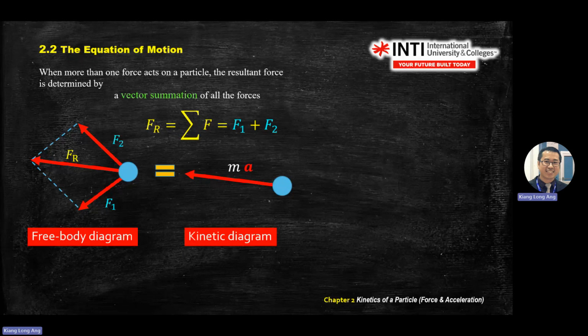Why kinetic? Because you're dealing with acceleration. Mass normally won't change, so on the right hand side you deal with mass and acceleration. So you have two diagrams that you need to consider when you do chapter 2 analysis. This is important for chapter 2.